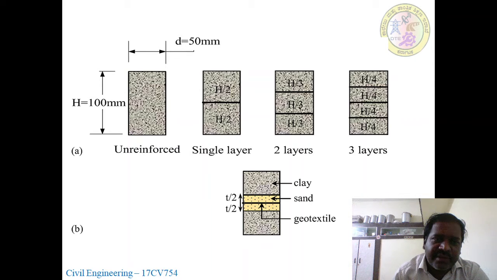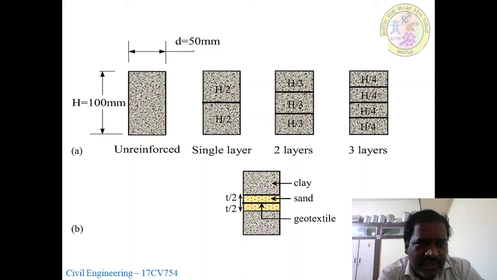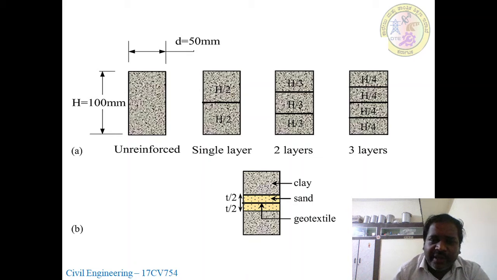See, in the first figure the height taken is 100 mm and the diameter is 50 mm, with unreinforced, single layer, two layer and three layer reinforcement. And in figure B we have a sandwich technique. The sand will be there, clay will be there and geotextile will be there.